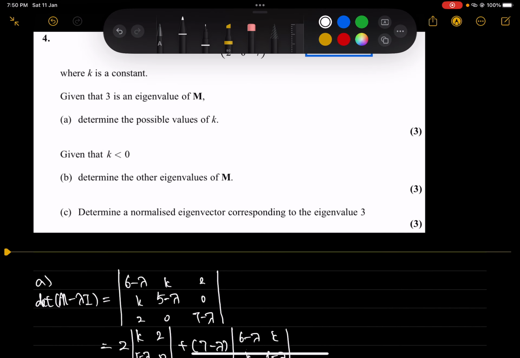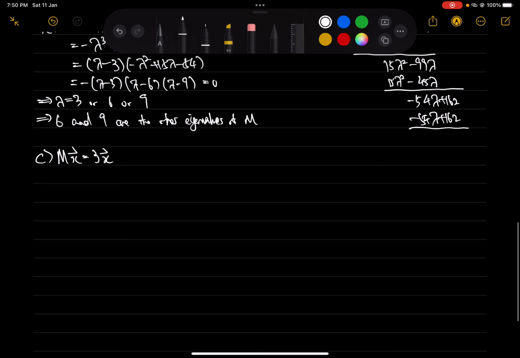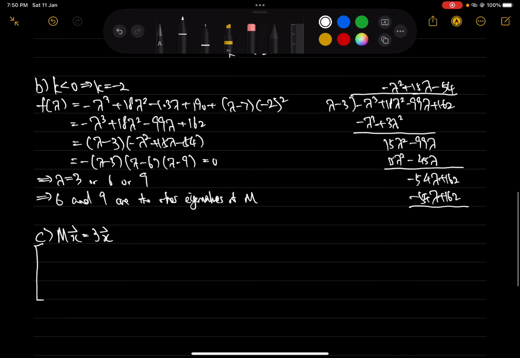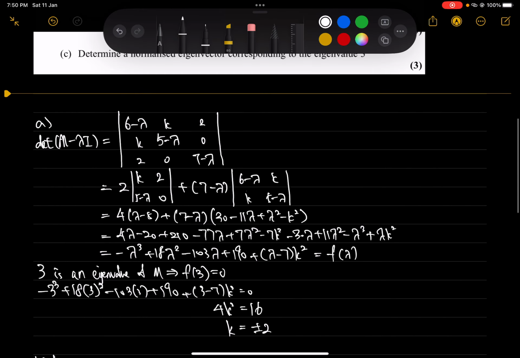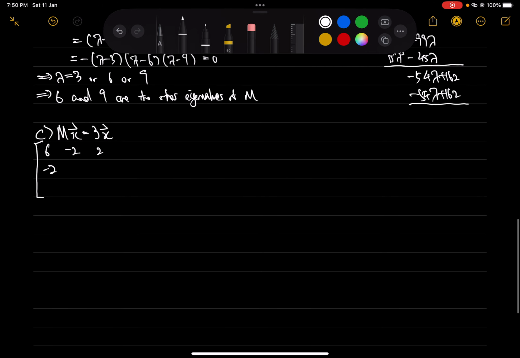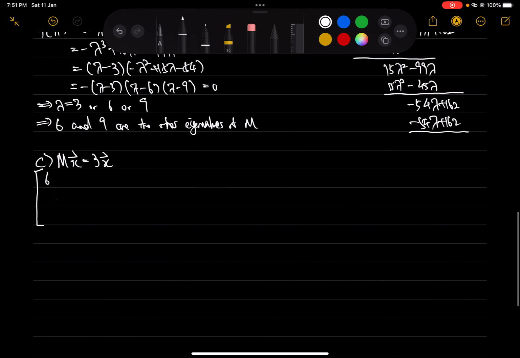And for C, we need a normalized eigenvector for lambda equals 3. Well, I can't remember the matrix. Okay, so it's M, so definitely I did it correctly.